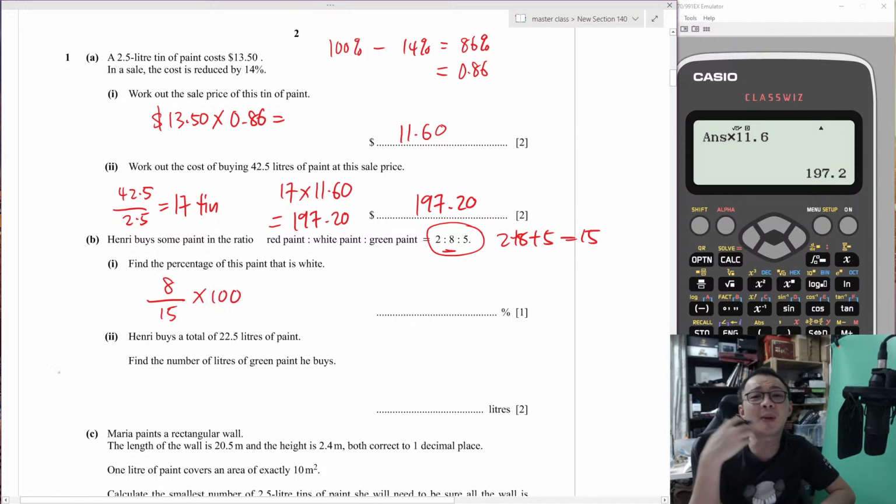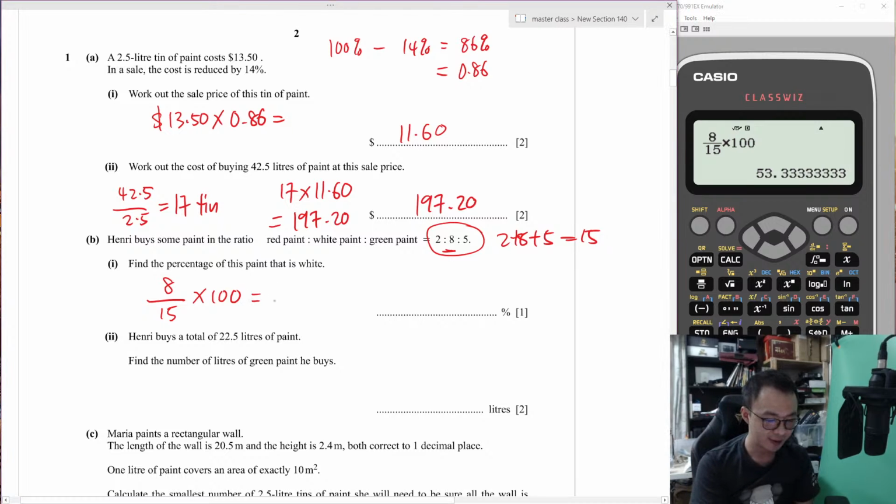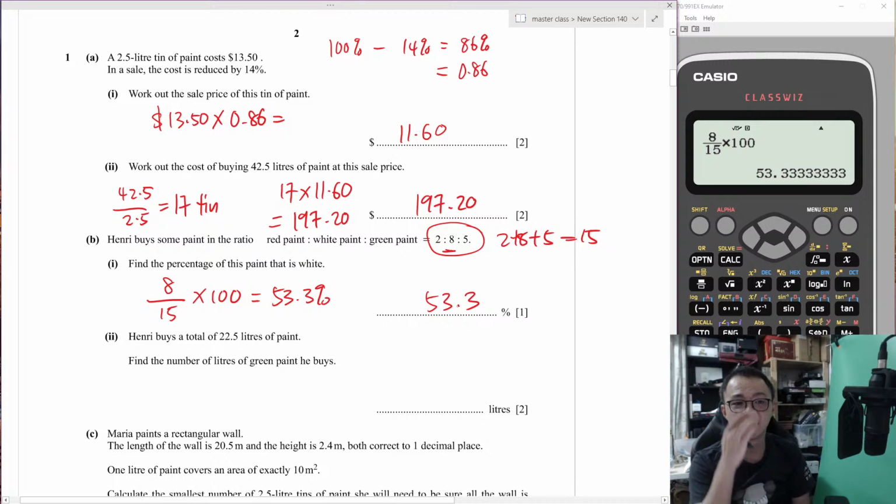If they ask about probability, I will just do 8 divided by 15, but if they say percentage, then we multiply 100%. You can write 53.3%, or 53.33, it's fine.